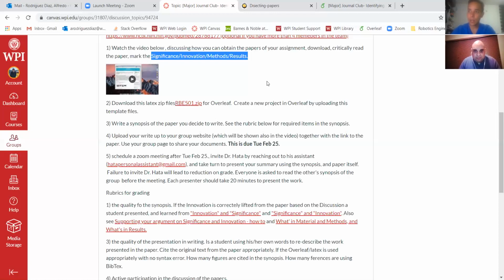Yep. So going back to what you were saying, we can just write a high-level summary of each section, but on the sections that apply, maybe the introduction, maybe the methods and materials, we can highlight in that same summary where the significance and innovation is within those paragraphs.